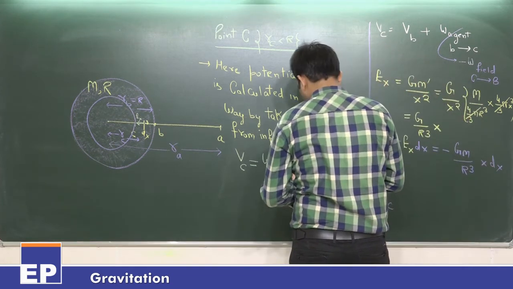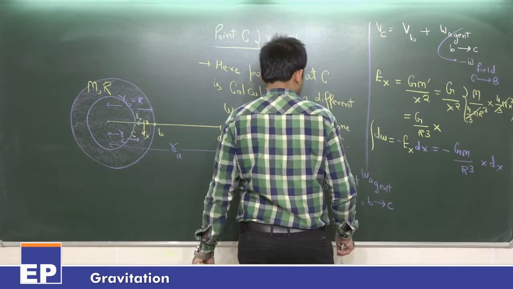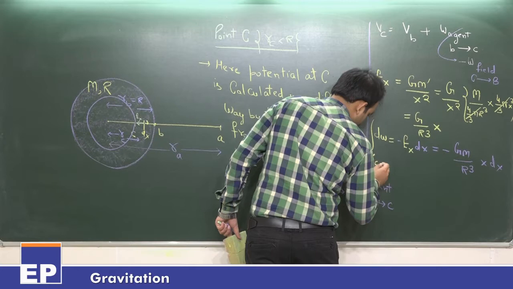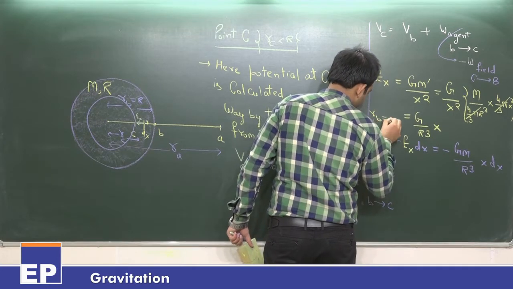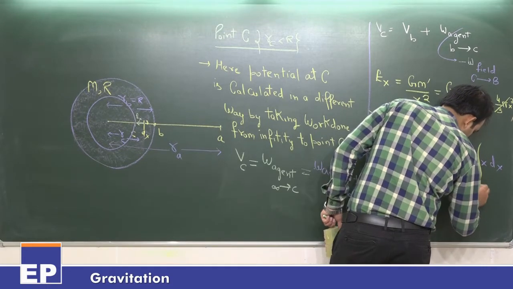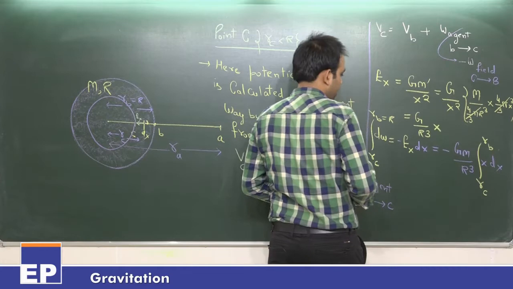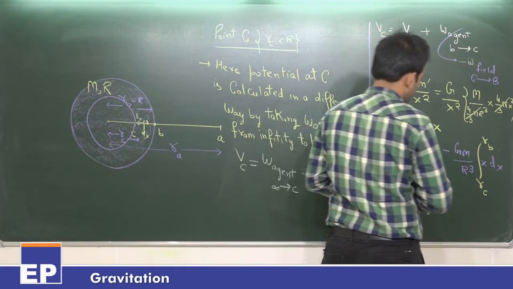If we want to calculate the total work done by field from C to B, that is RC to RB, where RB is capital R, the integral of X dx is X square by 2.